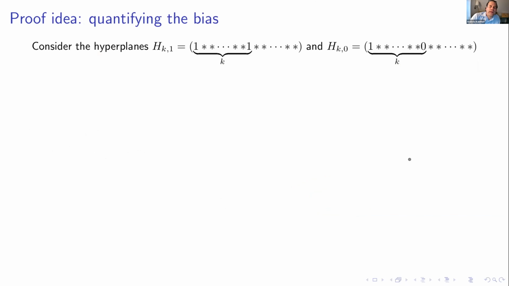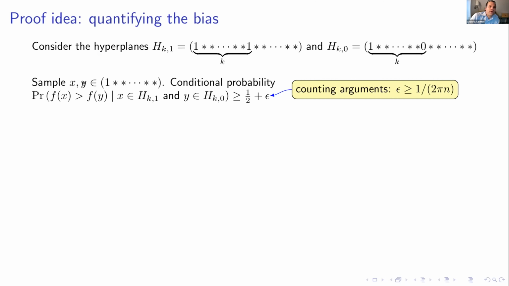So looking a little bit more carefully into this proof, what we do is we consider two hyperplanes. All right, so if we fix an index k, then we call hk1 the hyperplane that has a 1 in the first position and a 1 in the kth position. And hk0, this is the set of strings with a 1 in the first position and a 0 in the kth position.